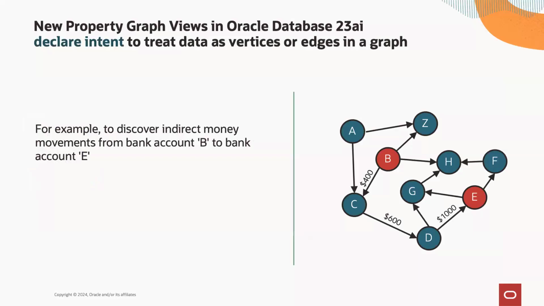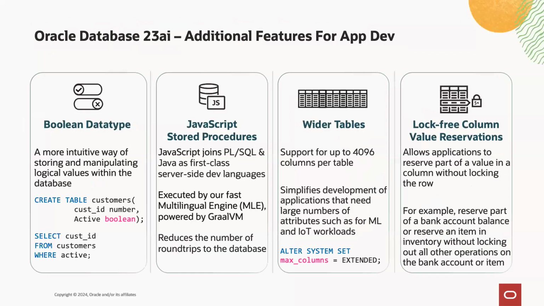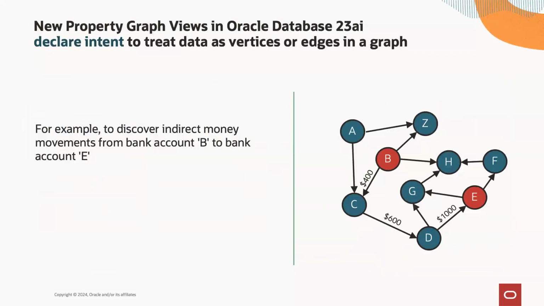We have something called vertices and edges, which is used in Oracle Graph to discover the connectivity between your vertices and edges. And with 23 AI, what we are introducing is new property graph views, which provide a declarative way to treat data as vertices and edges in a graph. That's a significant improvement when you compare to the previous version of Oracle Database.